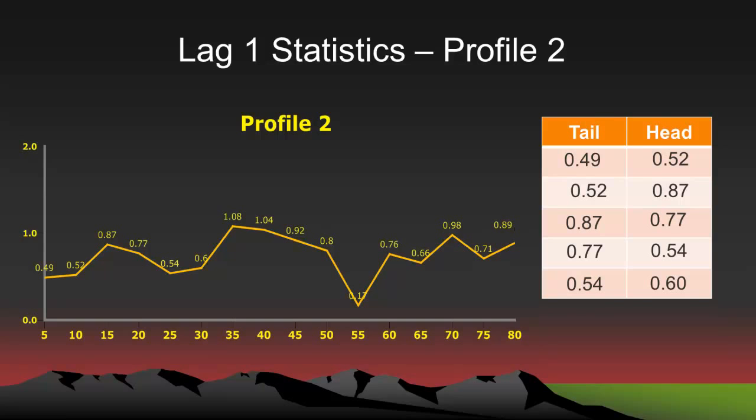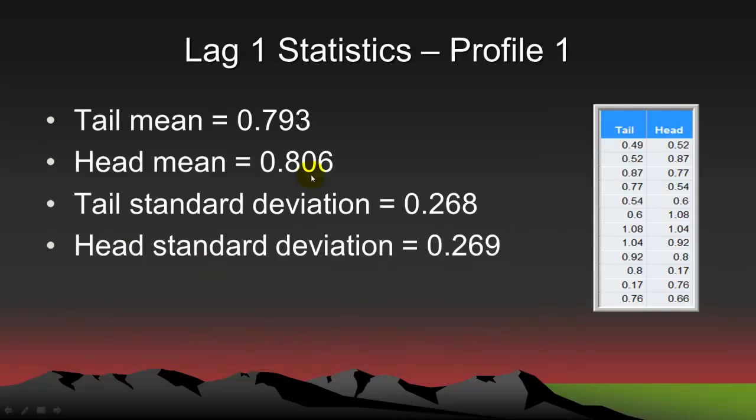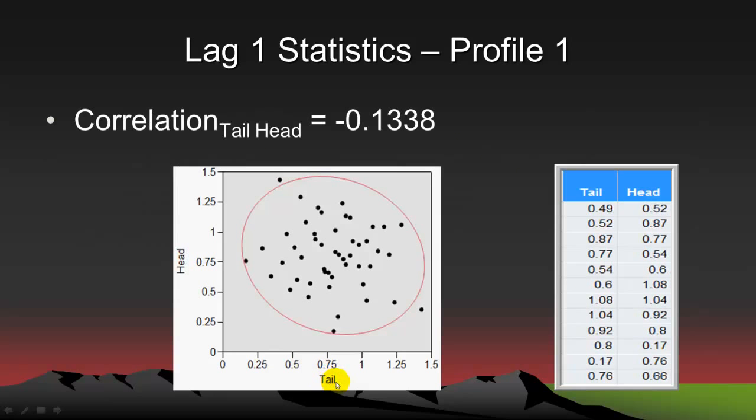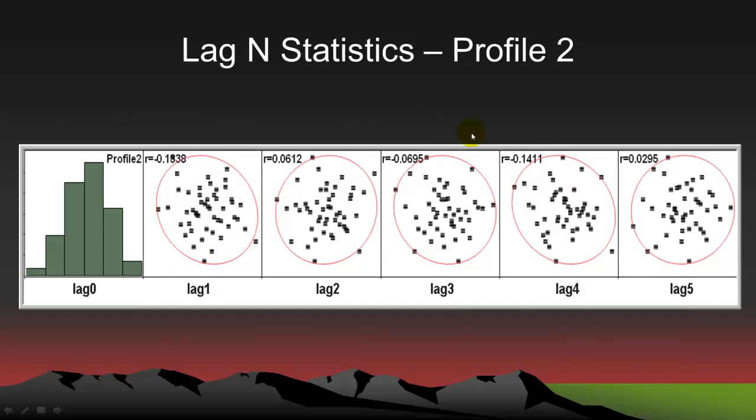Then we calculate the head and tail means and the head and tail standard deviations from both columns of data. Here we've plotted the tail values on the x-axis and the head values on the y-axis, calculated the correlation coefficient, minus 0.1338. And we continue doing that. And so here we have summarized the correlation coefficients and the scatter plot from 5 different lags.